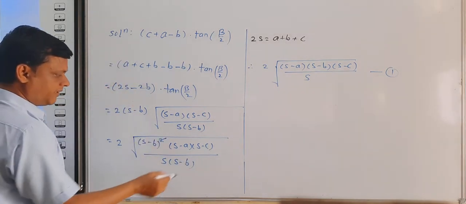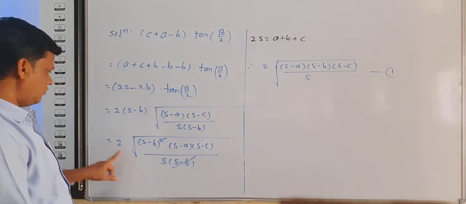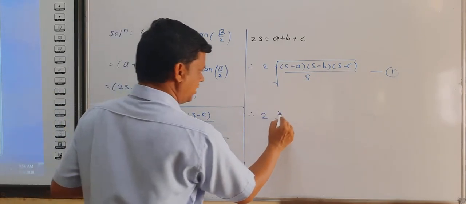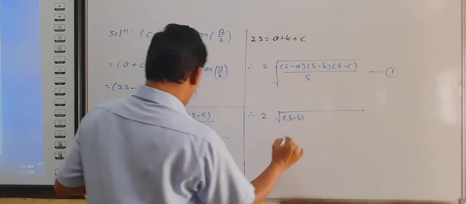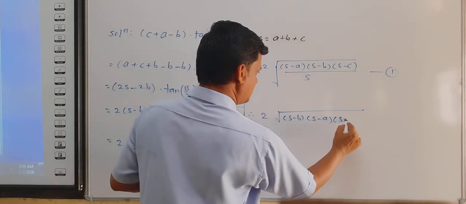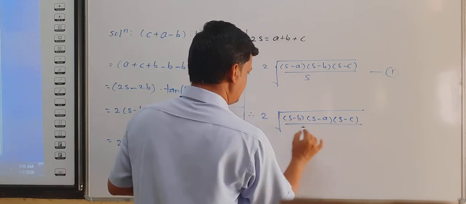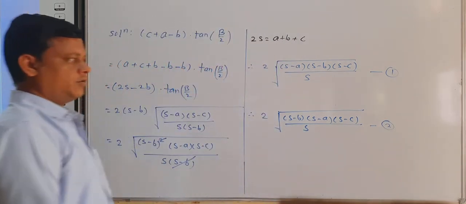One (s − b) term cancels with this (s − b). So the remaining term is 2 into under root (s − b)(s − a)(s − c) upon s. We denote it by equation number 2.